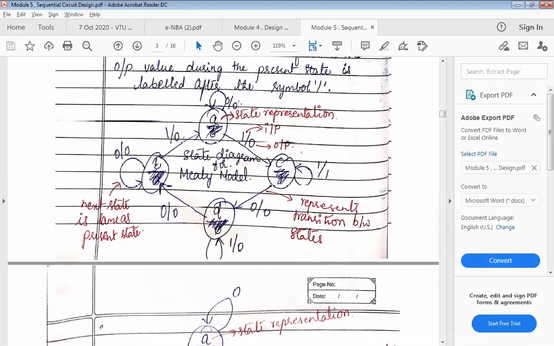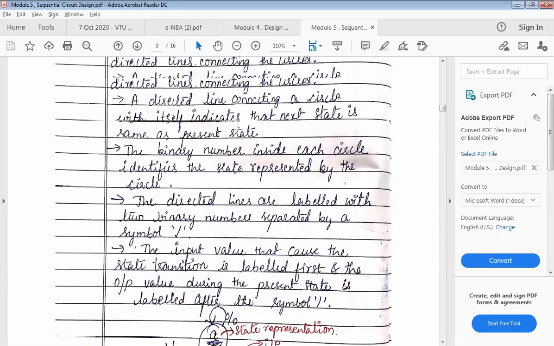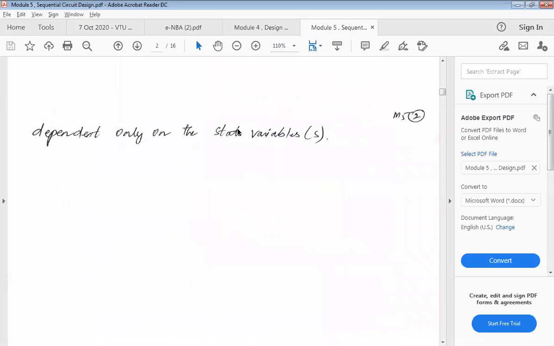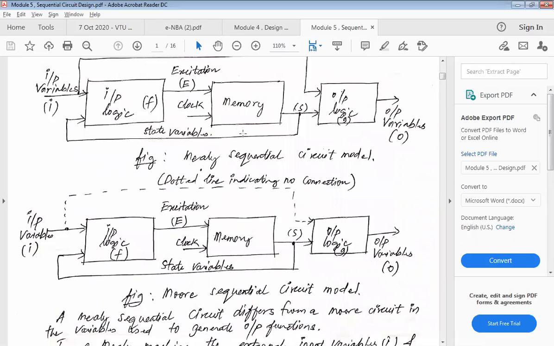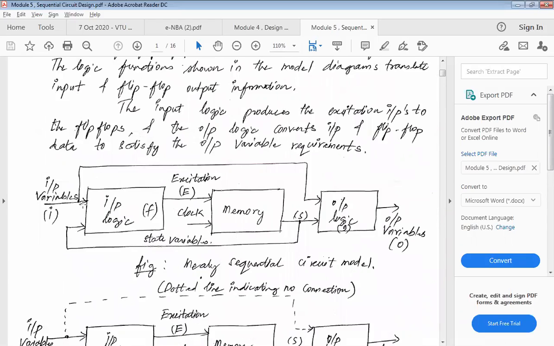That 0 I am representing here as input by output, because your state transition is dependent on the input also. Why is it so? Because we saw in the diagram that our output is dependent on the input also.